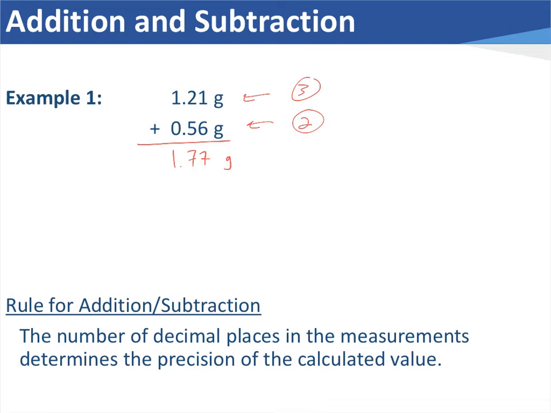Well, in terms of addition and subtraction, I look at the decimal. Both of these measurements go 2 places past the decimal to the hundredths. So that means I can round my answer to the number of decimal places in the measurement that is the least. So I need to round my answer to 2 places. So 1.77 is my answer.